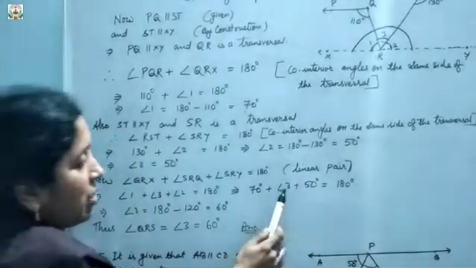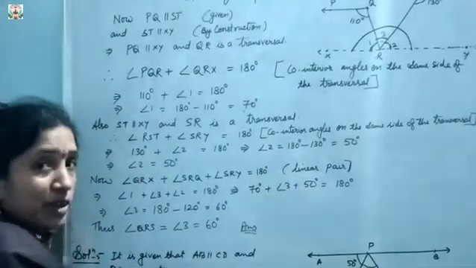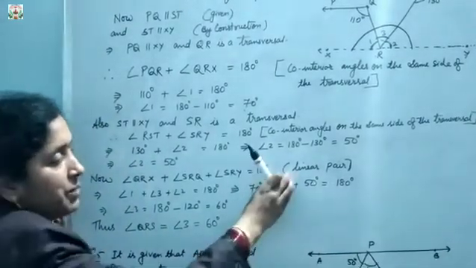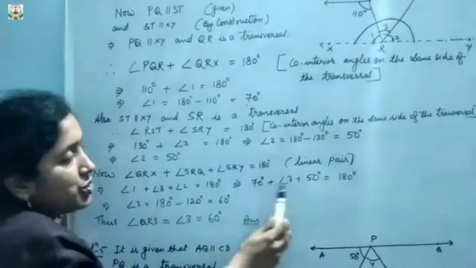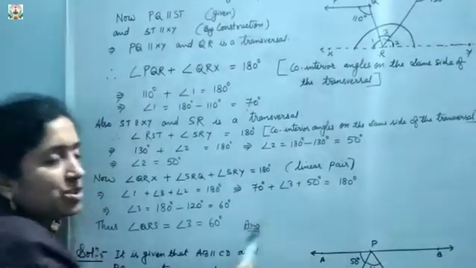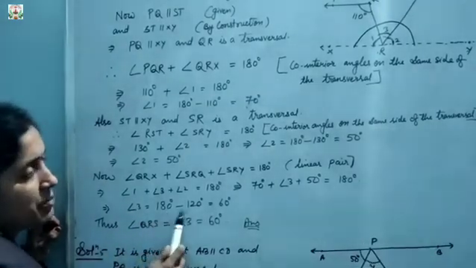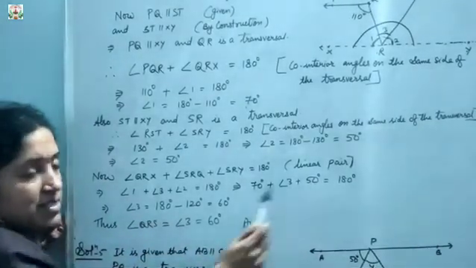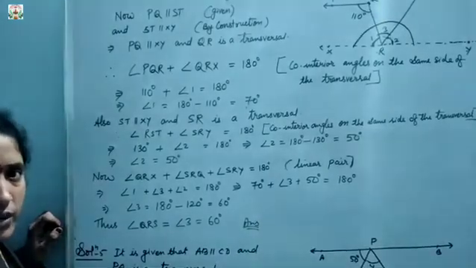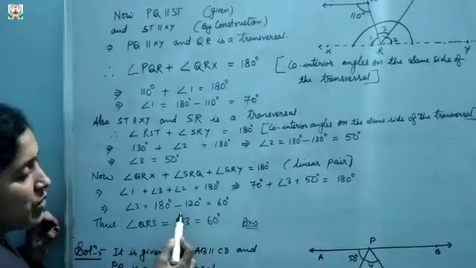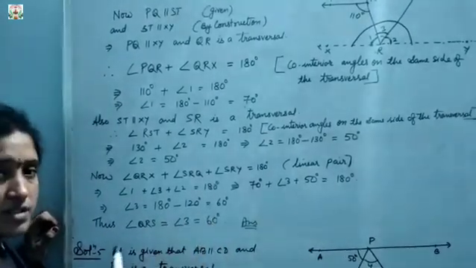Now keep angle 3, because this is unknown to us and we have to find it, on this side, and transpose these two additions to the other side. So angle 3 equals 180 minus (70 plus 50), which is 180 minus 120, which gives 60 degrees.